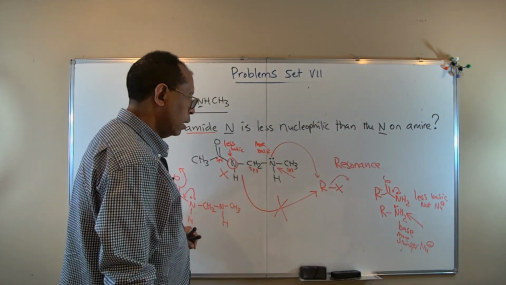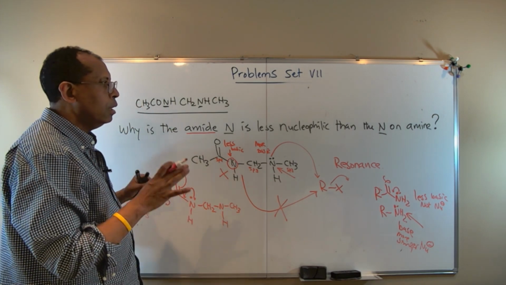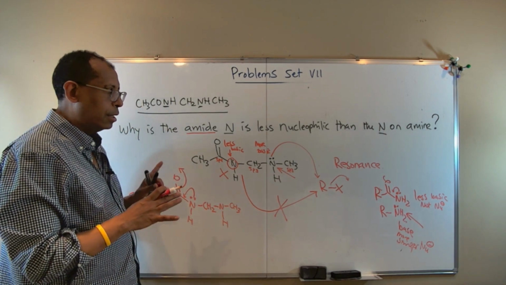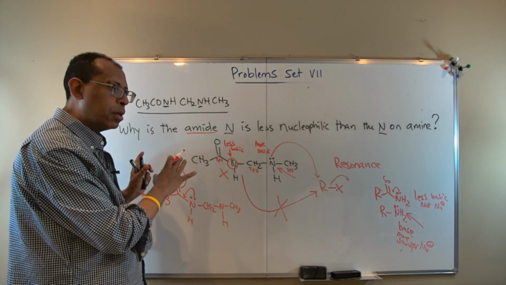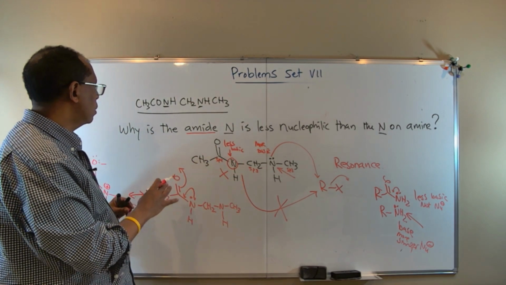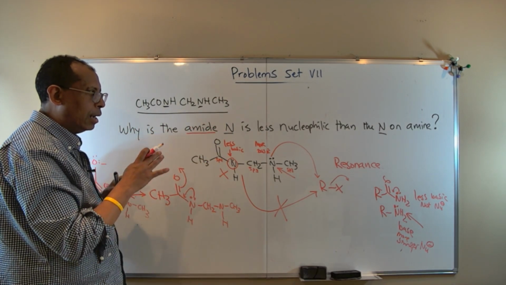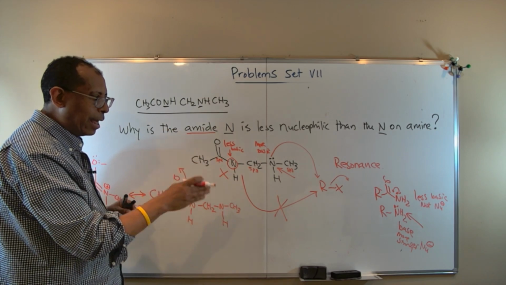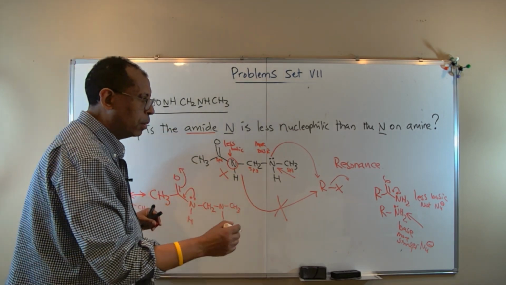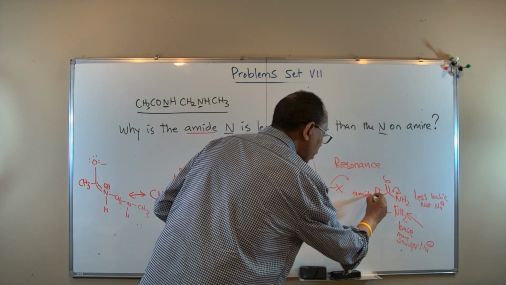Okay, these are the distinctions. It's an important concept in your studies, so make sure that you understand this. It looks like a simple concept, but it has a lot of explanation under it. So the amide nitrogen is less nucleophilic, less basic than the amine functional group. So this is the amide functional group.